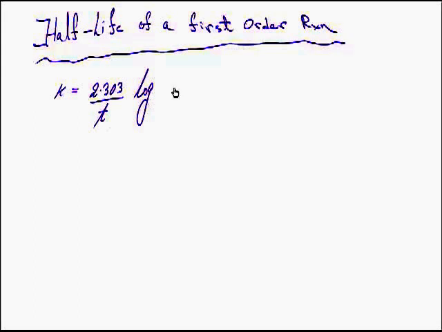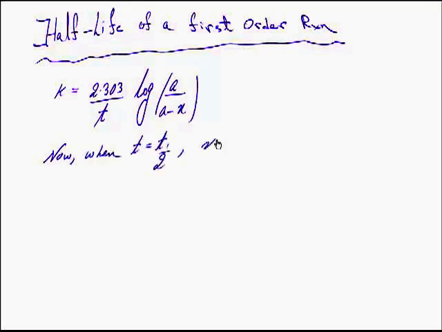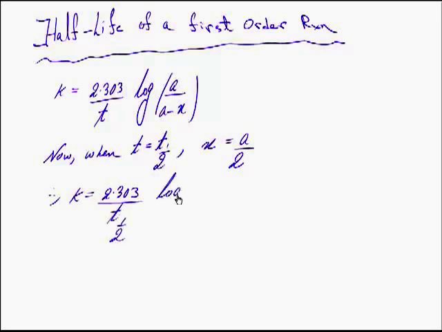Now first let me write the rate law expression. Now when t is equal to t half, the value of x, as we saw earlier, will be a upon 2, and therefore the formula will get modified as k is equal to 2.303 by t half log of a upon a minus a by 2.